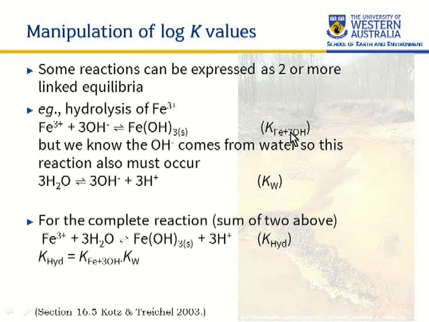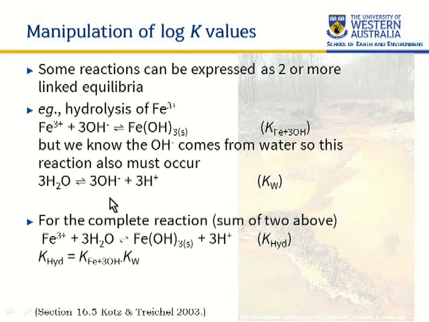constant for that reaction as before, but the hydroxide has to come from somewhere in the system, and usually it comes from water in natural systems, in fact almost always. So we need to take into account what we call the self-dissociation of water, which is pretty accurately known. We call it Kw.